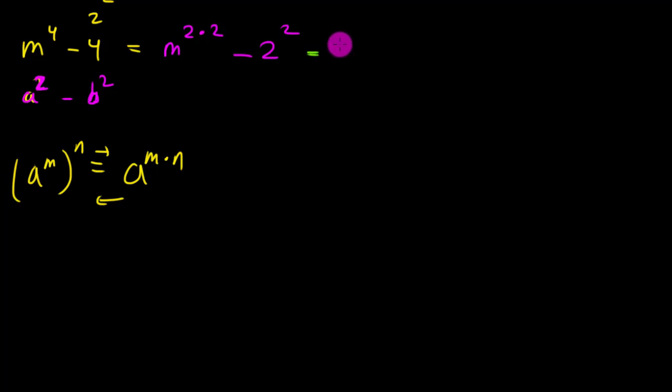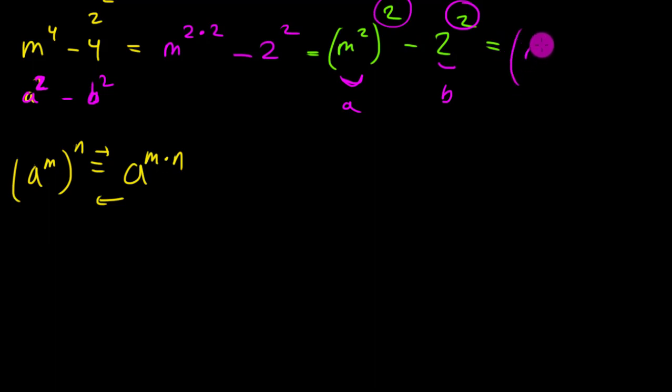So m to the power of 2 to the power of 2. So it means 2 to the power of 2, and as you see, this is your a, 2 is your b. So you have squares. So it means m squared minus 2 times m squared plus 2.